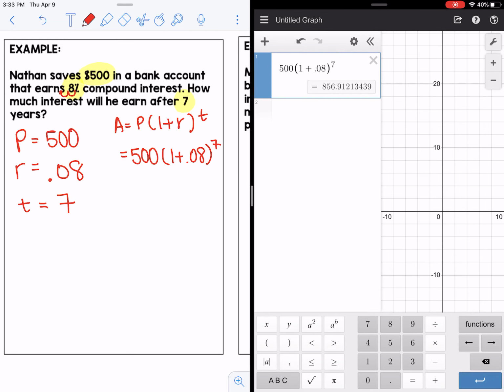And that's going to give us $856.91. I'm going to round to the nearest hundredths because we're talking about money, and that would be the total amount after Nathan puts the $500 in the bank. He's going to have a total amount of $856.91.